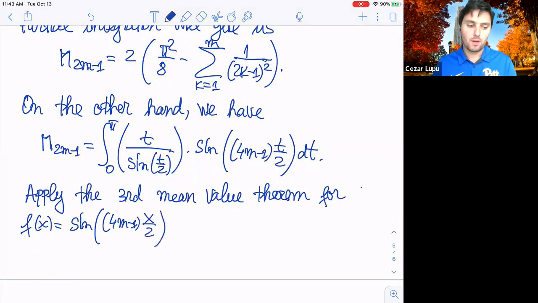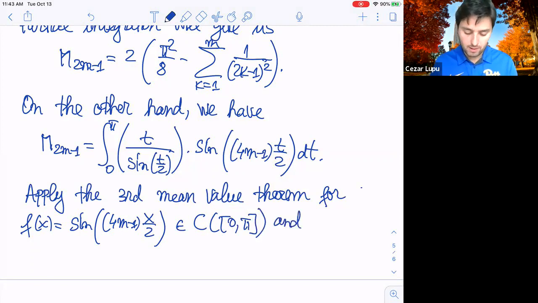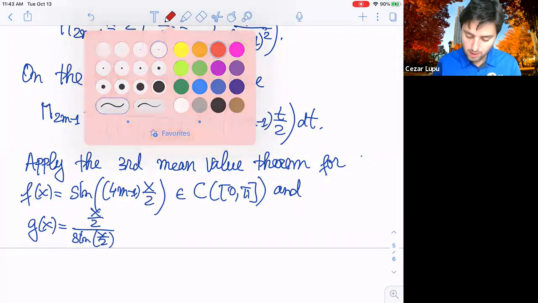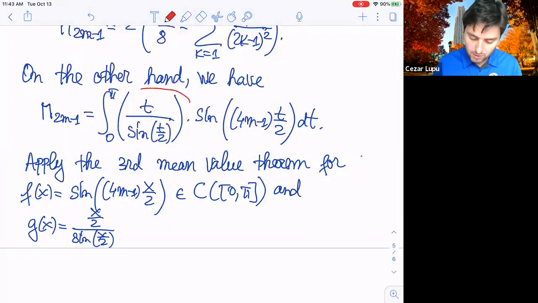And of course, this is a continuous function on 0 to pi, so I don't have any problems. And my function g of x will be nothing else than just x over 2 over sine of x over 2. There's this function right here. So this is my g, and this is my f.